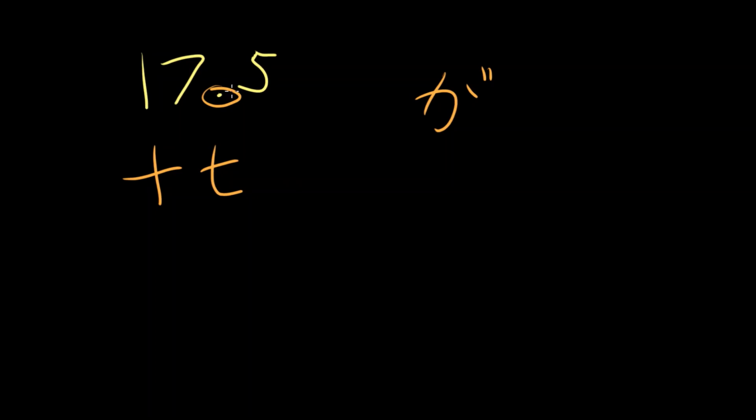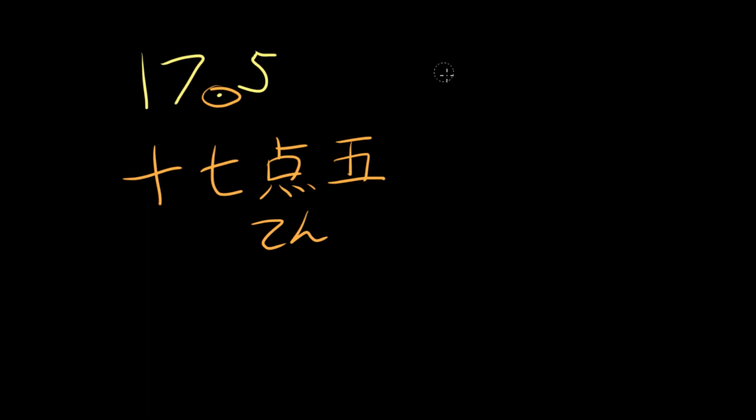It just means dot or mark. So the character is that. Pronounced ten. So 17.5 is how you would say it. Just pronounce the decimal point ten and then read out the values after the decimal point.